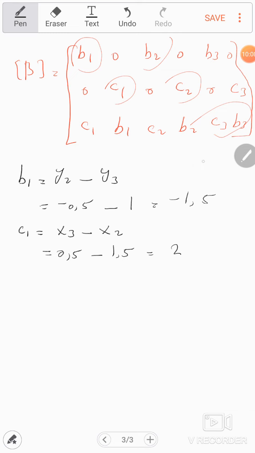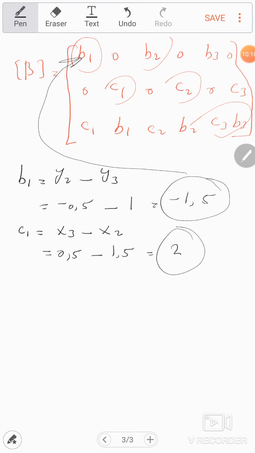So just substitute your value for b1 here in this matrix, and c1 equals minus 2 here, and same here, b1 here also, same value.